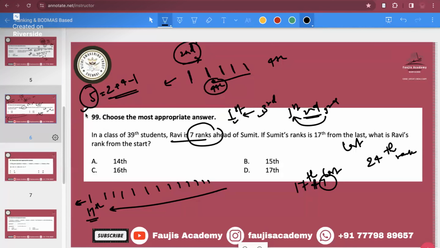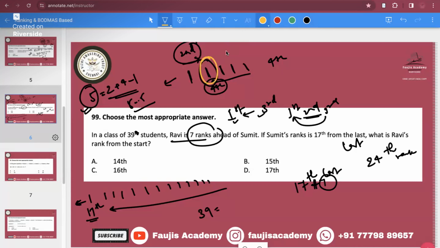And in order to find the total number of students, what we did was the rank from the top plus the rank from the bottom, minus 1. That's how we get 6 minus 1, which will be equal to 5. So let us just write it over here. In a class of 39 students. Now we are talking about Ravi, from that person's reference.